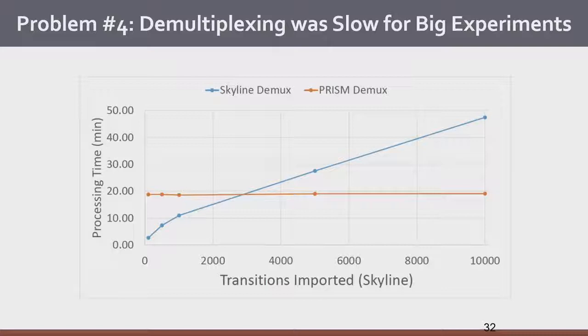So there was a fairly big effort to think about a way to go through the file in one read and apply the demultiplexing strategy to every single spectrum in there. So you could basically output an mzML file that was completely demultiplexed. Regardless of the number of transitions imported, the processing time to generate the demultiplexed file was constant.